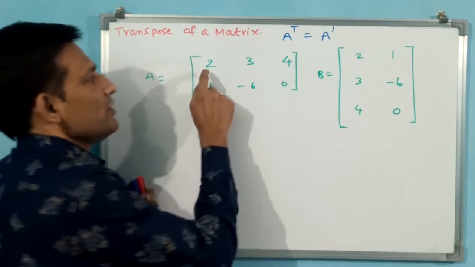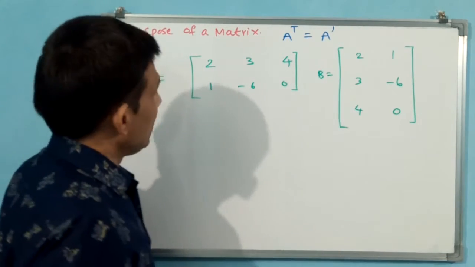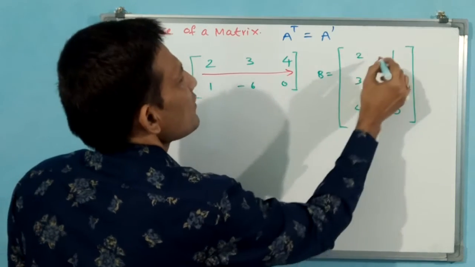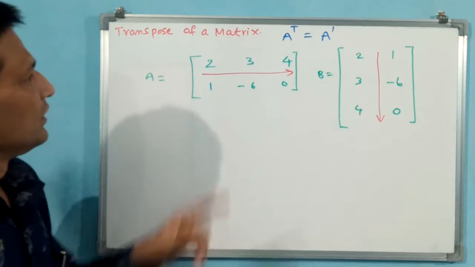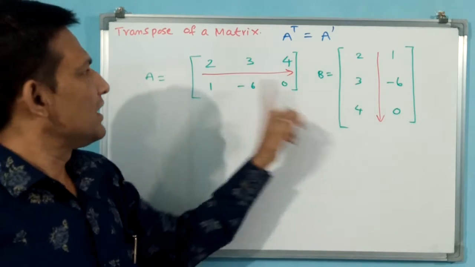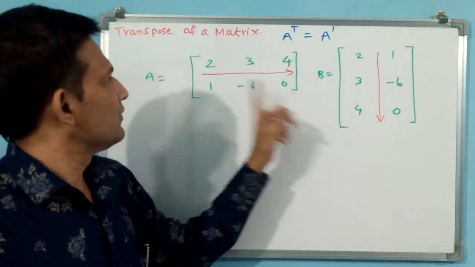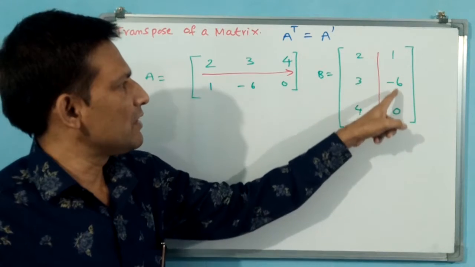See, here the row has become a column here. If you write an arrow like this, first row is first column, second row is second column. First row 2 3 4, first column 2 3 4. Second row 1 minus 6 0, second column 1 minus 6 0.